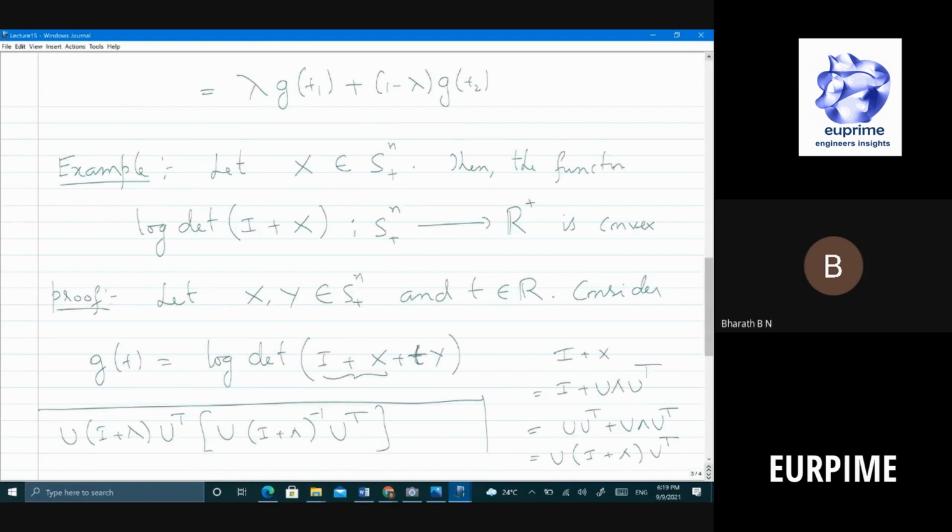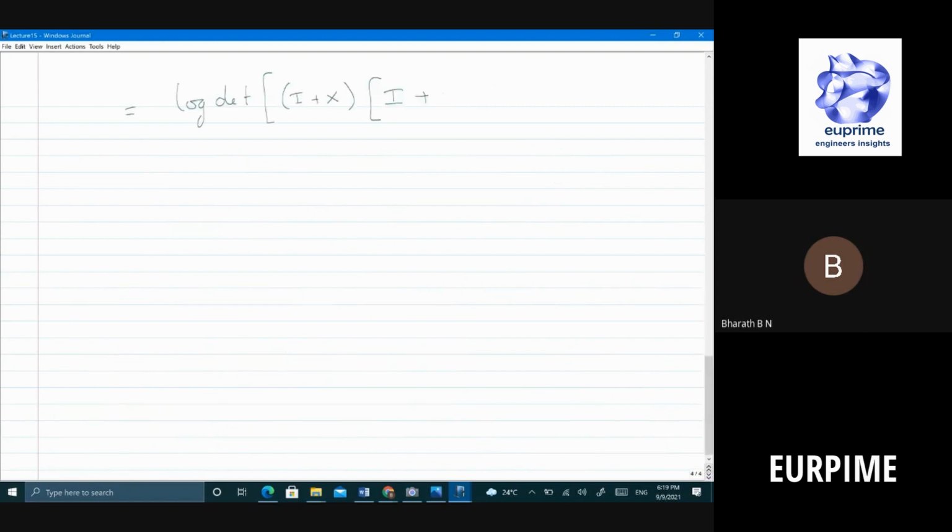If I pull A out of A plus B, we get identity plus A inverse B. So I should get t times identity plus x inverse y. Do you agree with this, everyone? See, I have log det of identity plus x times something. What is the determinant of AB?